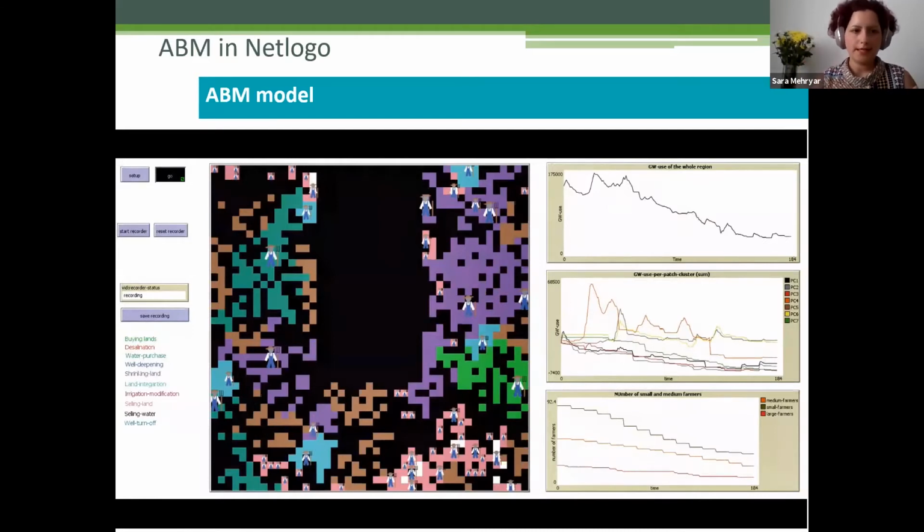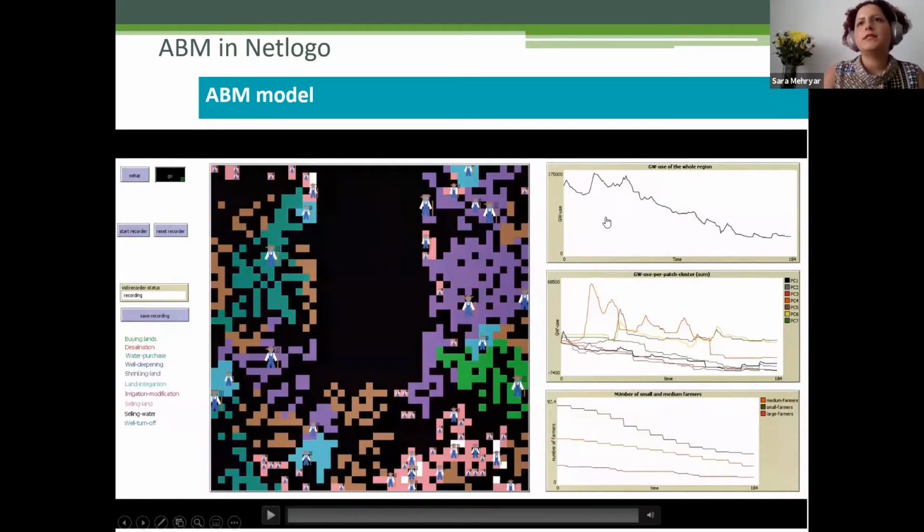If they are not satisfied with their water access, they enter the decision-making process that I already explained in the UML. So that's how we can see the aggregated impact of these behaviors, decisions, and actions of farmers on the entire groundwater use of the whole region and for each specific sub-region.